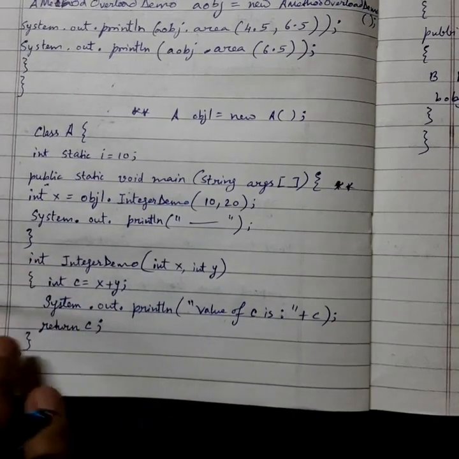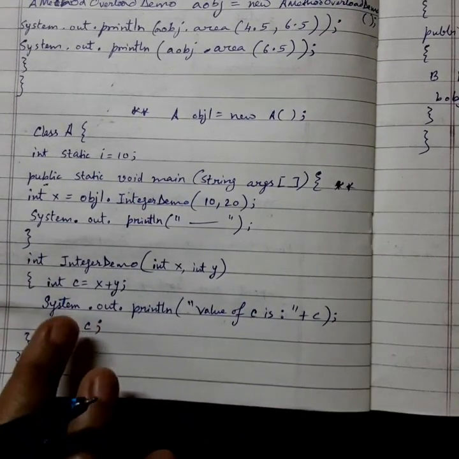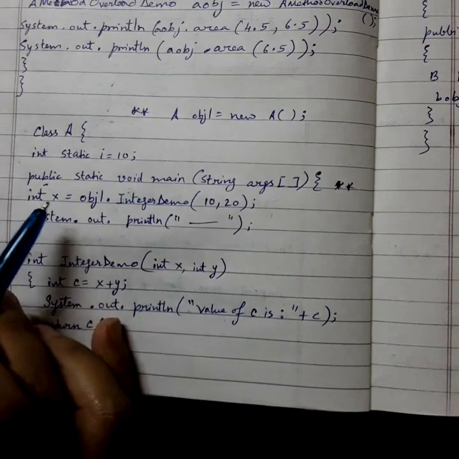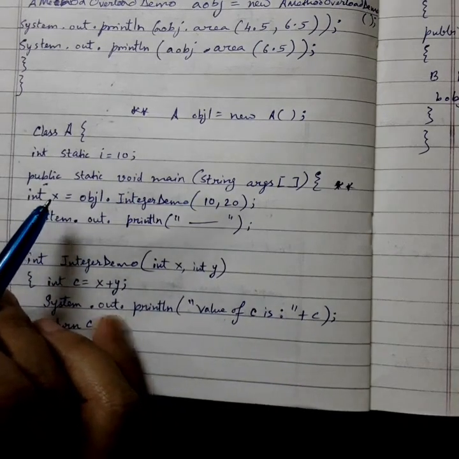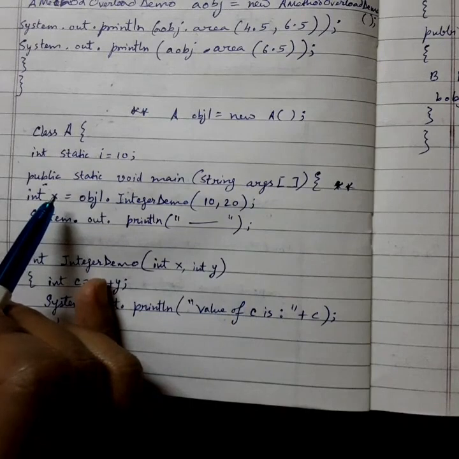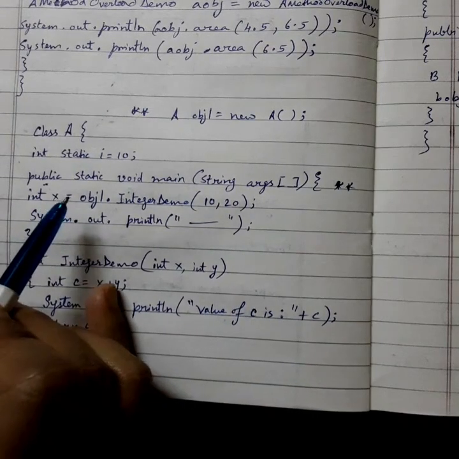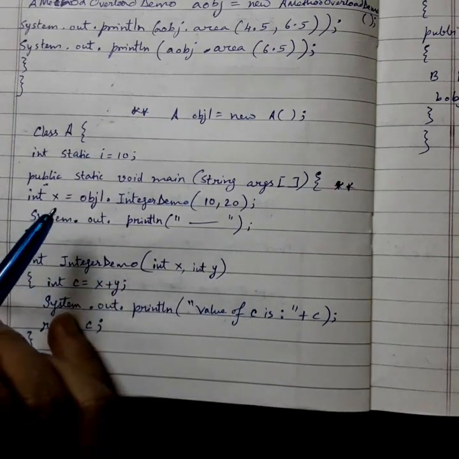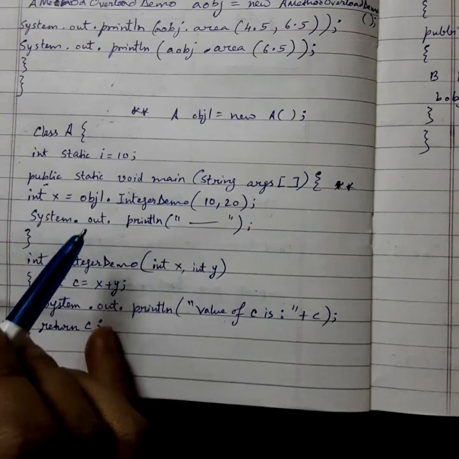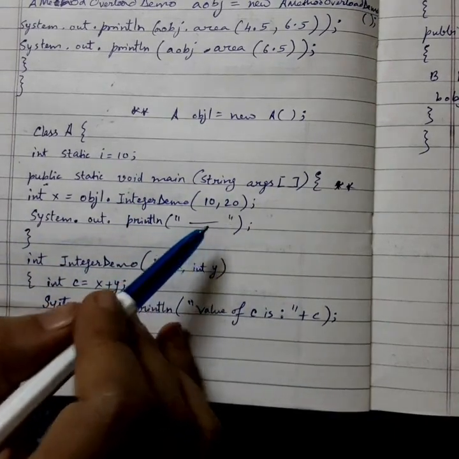Return type is integer. It is returning C. We want the value of C to be returned to the main method, and it is collected in X. X has got assigned the value C, and we can print C here.